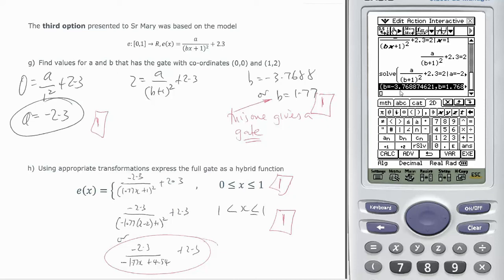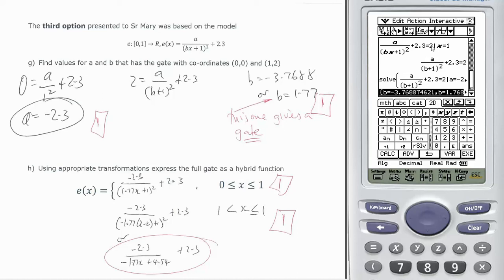And when I double check and draw them, this one, the 1.77, not the negative 3.68, gives me the gate where I want the gate to be.